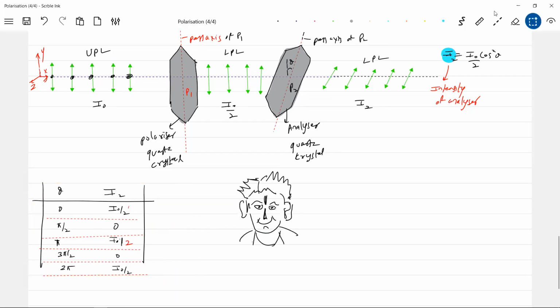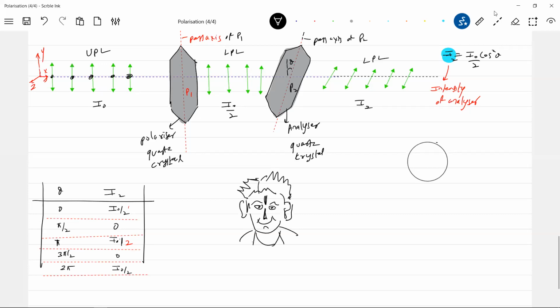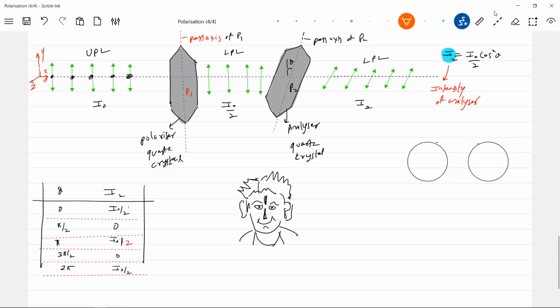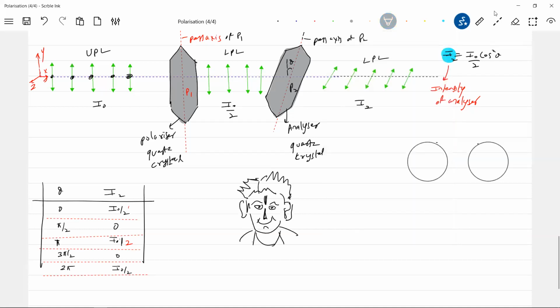If you have two polarizers and you start looking at your physics teacher, it will be light blue in color. It should be visible.